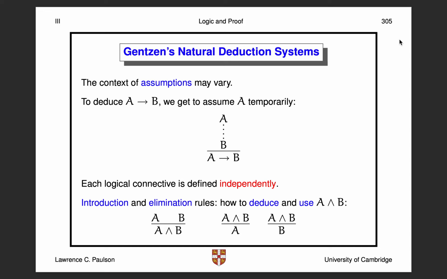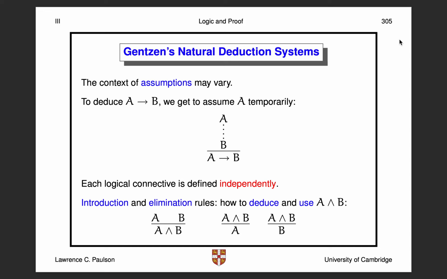So right here you will see we have rules for conjunction, that is A and B. The first rule here says if I have A and if I have B, then I have A and B. That's called an introduction rule because it introduces the connective, namely conjunction, in its conclusion.